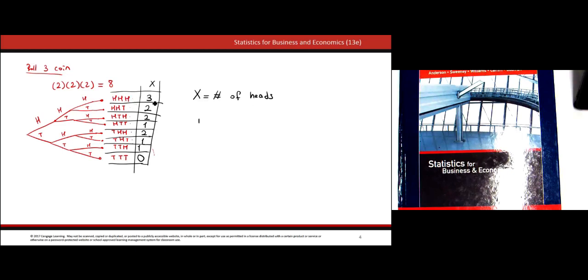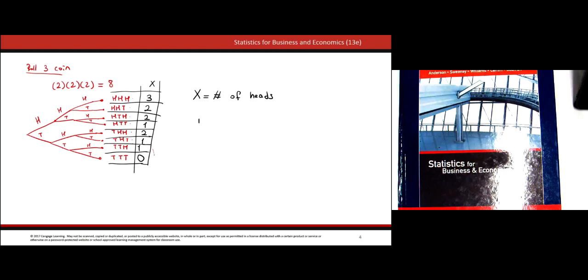Now we map the outcomes with numbers. If you have this outcome, head, head, head, the value of x is 3. If it is head, head, tail, value of x is 2. If it is head, tail, head, value of x is 2. Head, tail, tail, value of x is 1. Then 2, 1, 1, 0.